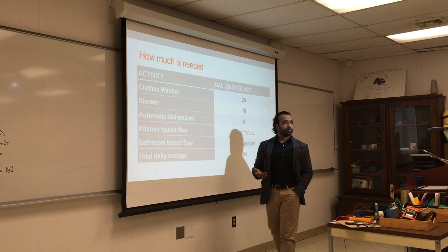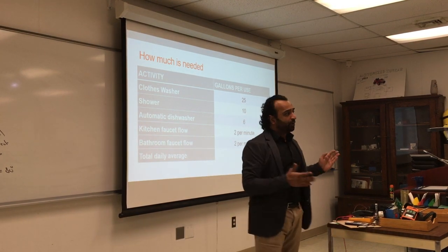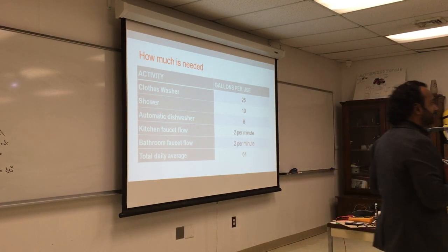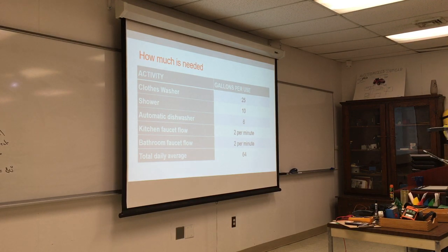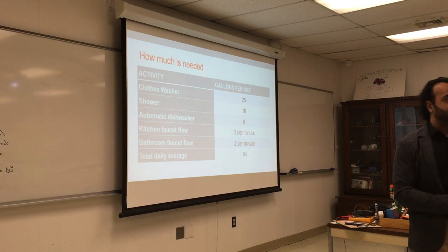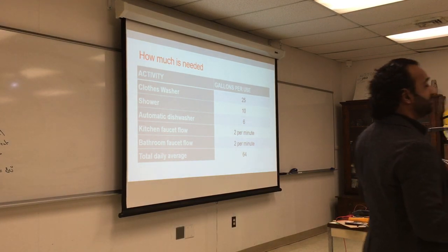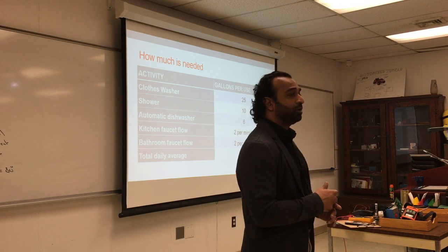And of course, communal living lowers that consumption, because we consume a lot of water in the washer and laundry. So if you make a big wash, probably you save on the water. And also for dishwashing, if you use the dishwasher every day, that's probably 10 gallons of hot water.